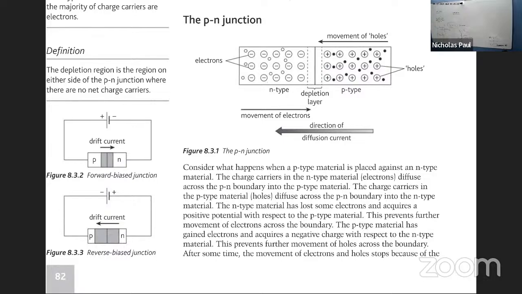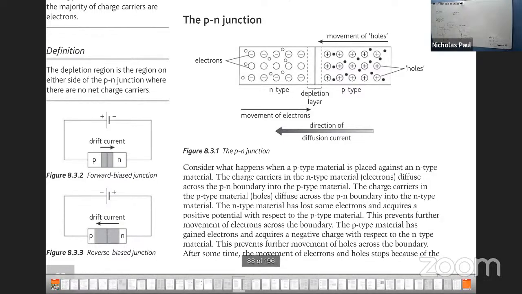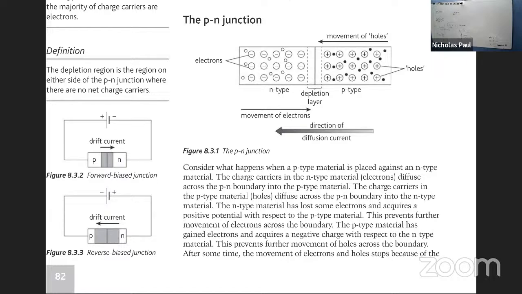Okay. The n-type material has lost some electrons and acquires a positive potential with respect to the p-type material. This prevents further movement of electrons across the boundary. The p-type material has gained electrons and acquired a negative charge with respect to the n-type. This prevents further movement of holes across the boundary.